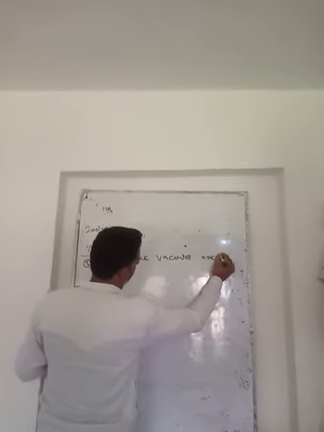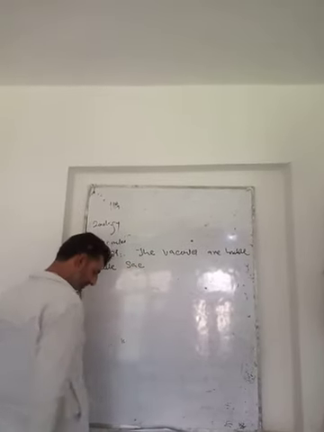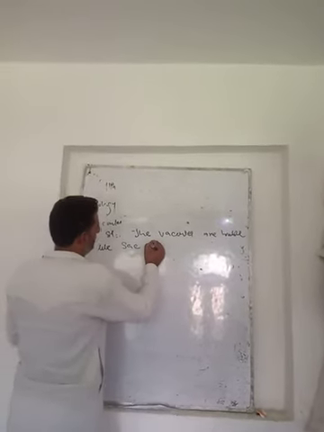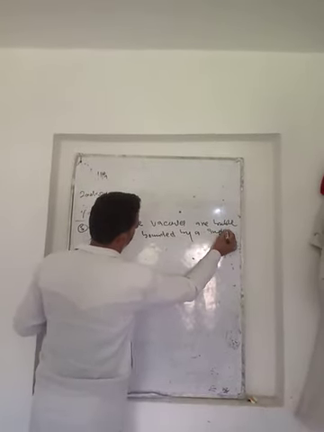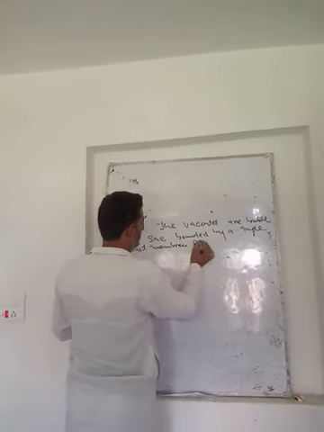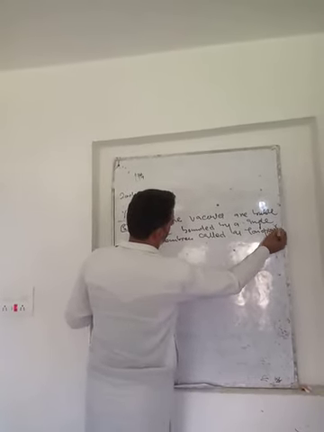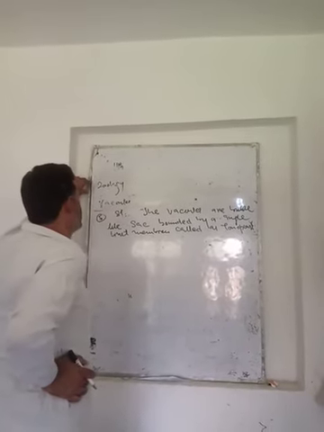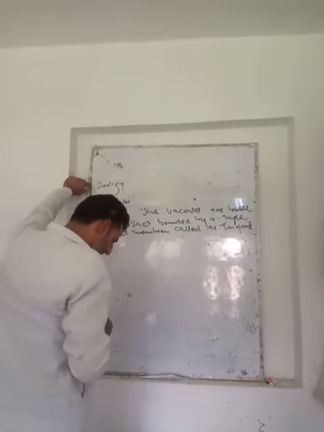The vacuoles are bubble-like sacs bounded by a single unit membrane called as the tonoplast.